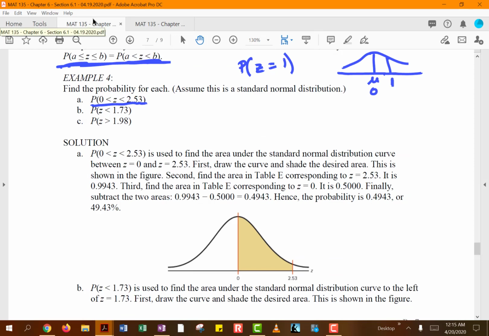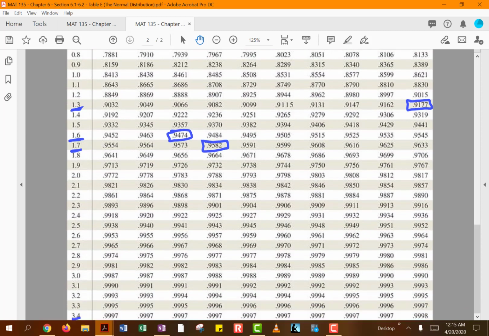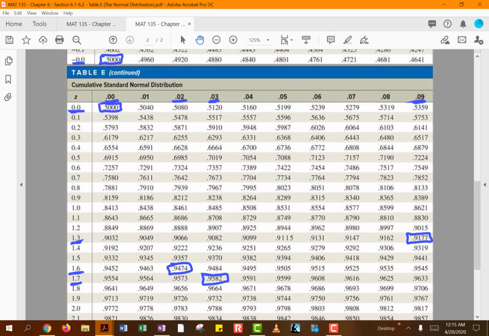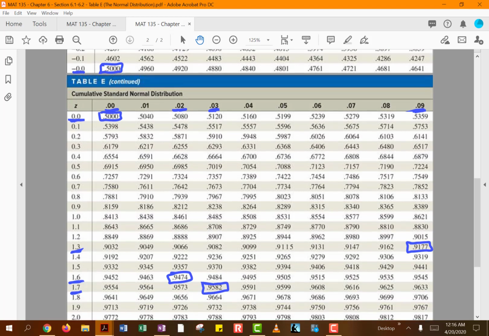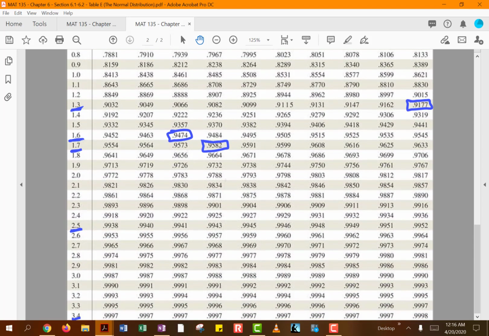So your probability for 0 is going to be 0.5, and then for 2.53, okay, so we've got 2.5 over here. We need to go to 0.03 here, so this is going to be 0.9943 over here.